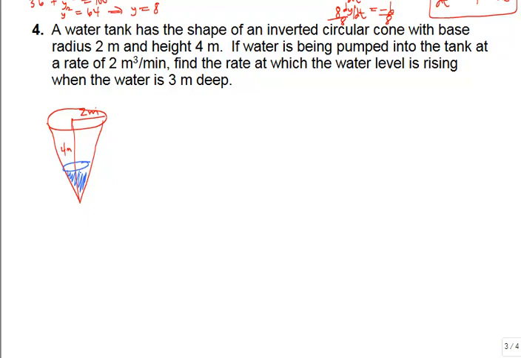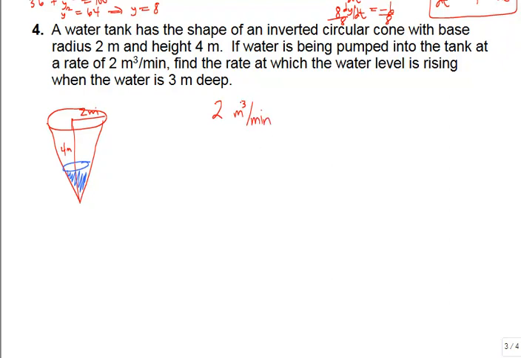So what we're talking about here is water being pumped in at a rate of 2 meters cubed per minute. So look at those units. Meters cubed per minute. What do we measure in cubic units? We measure volume in cubic units.